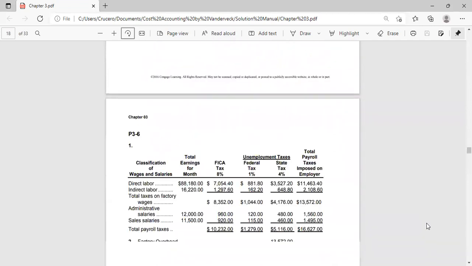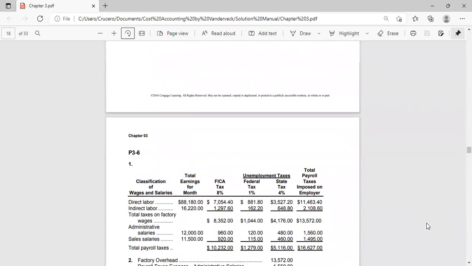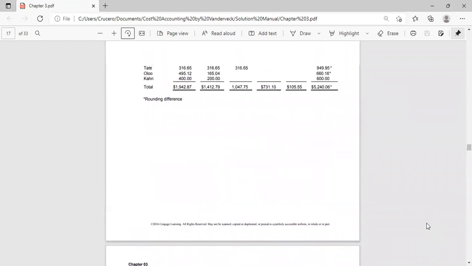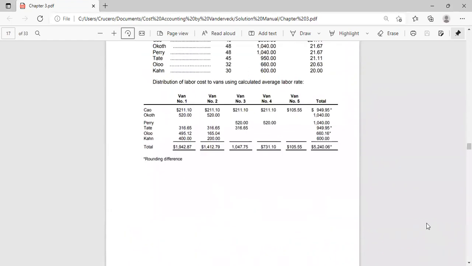We have the totals to be considered in van number 1. So we have now the total cost of van number 1, van number 2, 3, 4, and 5. So you will notice how it's allocated for each of these funds. And you have the as risk.